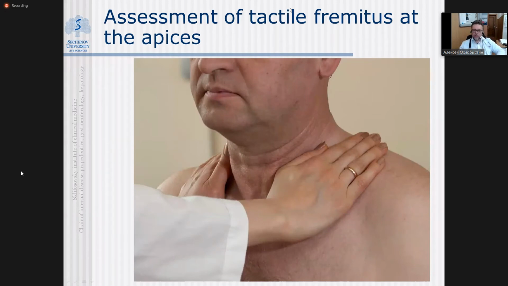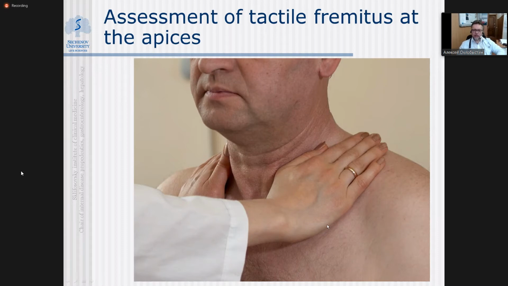Well, that's how you should do a palpation of the patient's apices. You should relax your fingertips. Typically, we use fingers for palpation, especially if we assess tactile fremitus. Anyhow, there are different approaches. In many textbooks, as far as I remember, the British School of Physical Examination and the American School use the edge of the palm.